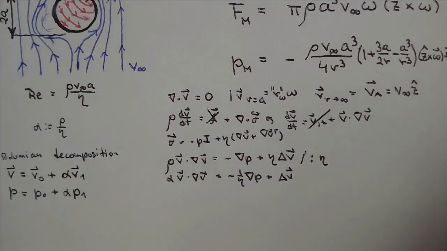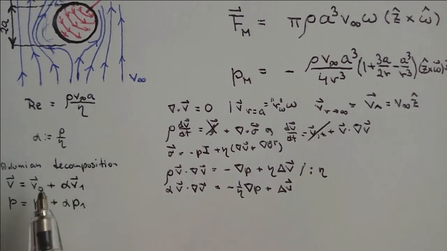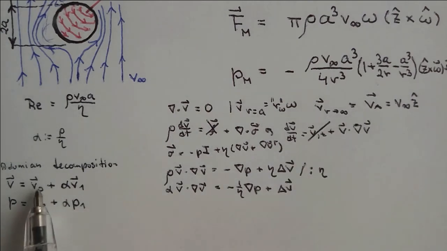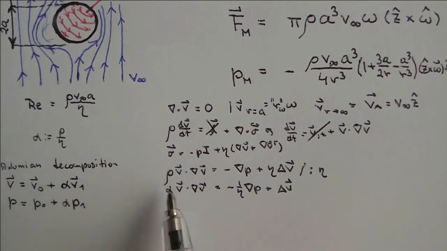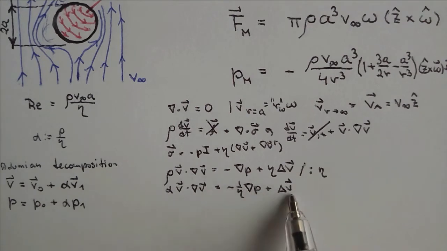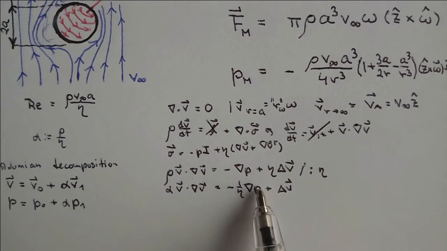What are the boundary conditions? Well, I will discuss them. The boundary conditions are that v should be v infinity at r is infinity. But what is v0 actually? If alpha is 0, this equation reduces to the Stokes flow equation, and this equation is linear.